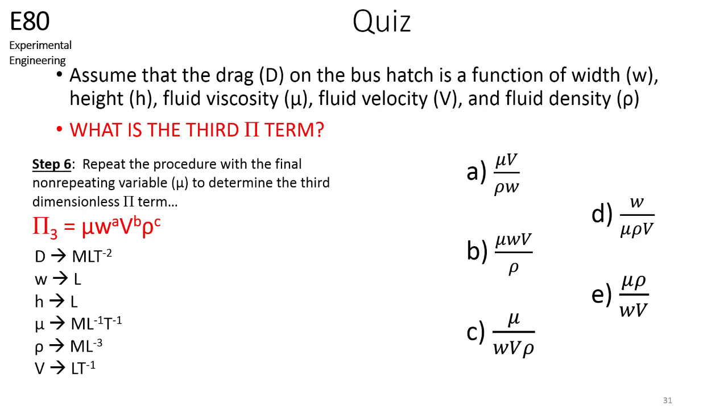Now is a good time for a quiz. For this quiz, you will be given the task of finding the third pi term. Please pause the video now and work out this problem. Then unpause the video to check your solution, which will be one of the choices on the right.